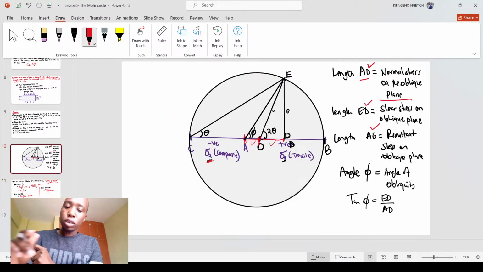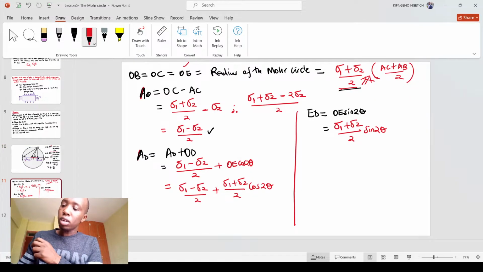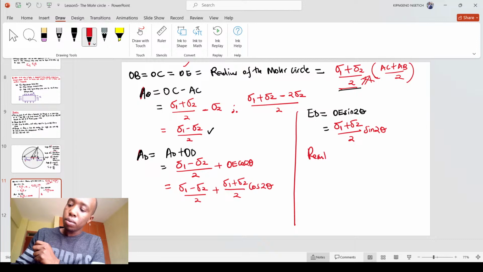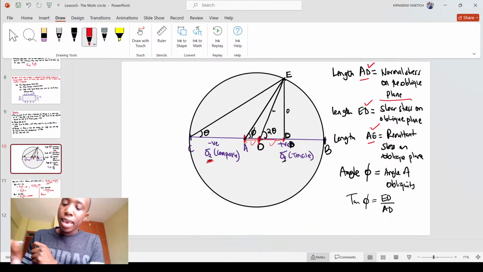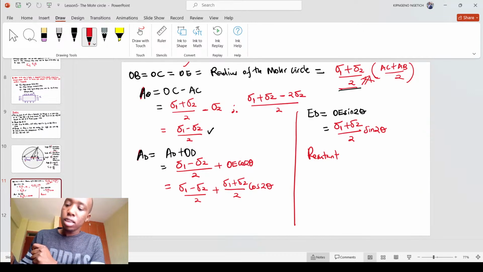What else do you need to obtain? The resultant, you already know how to obtain it. Resultant AE will be obtained by the square root of AD squared plus ED squared.